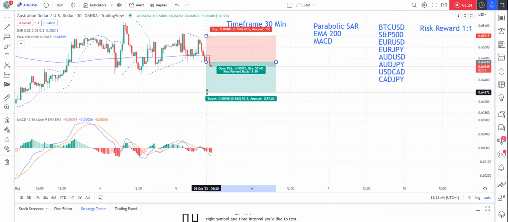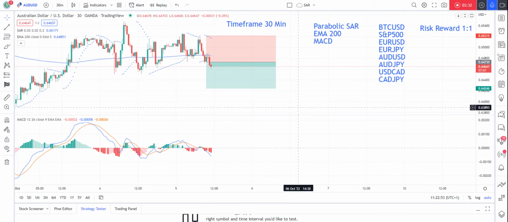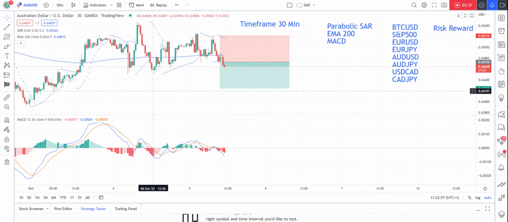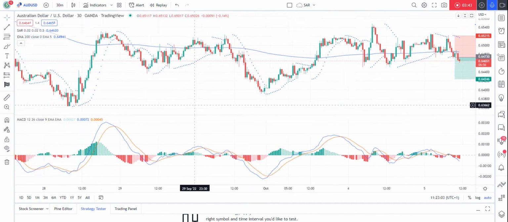And then we have a risk reward of 1-to-1, right? Roughly 1-to-1. Okay, let's go backwards and find a couple more examples of how this strategy would work.